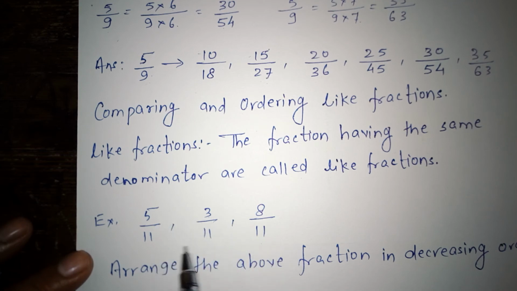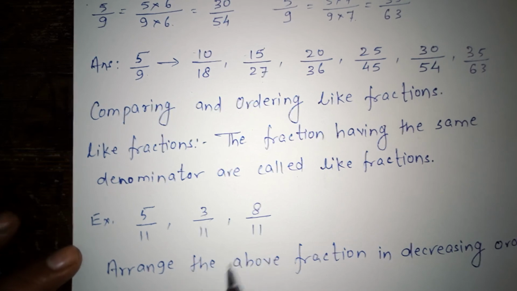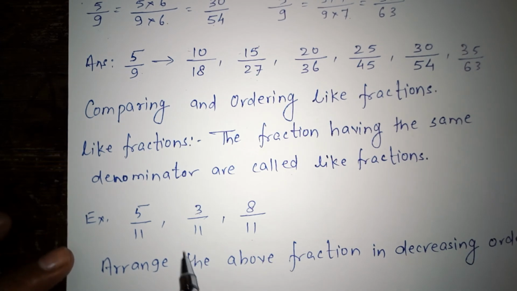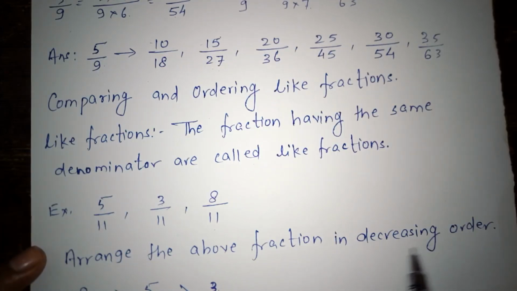What is the reason behind this? The reason is that in all these fractions the denominators are equal, that is 11. So all these are like fractions. Now according to the question, arrange the above fractions in decreasing order.